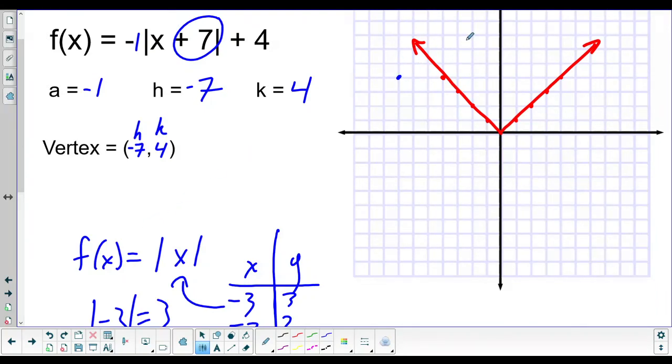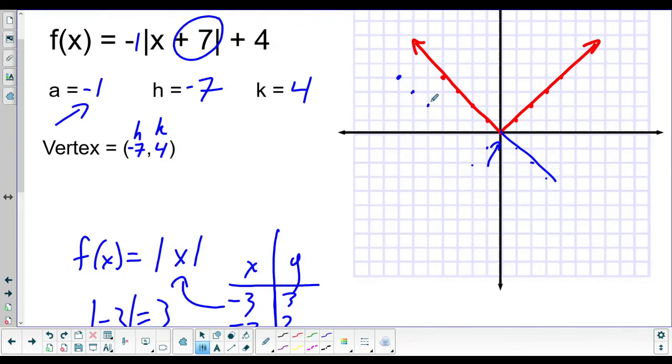So now we could probably guess. This is the vertex, so you could just go up 1, right 1, up 1, right 1, up 1, right 1 to get the rest of these dots, and up 1, left 1, up 1, left 1, up 1, left 1 to get these dots. But this is going to flip it upside down. So instead of going up 1, right 1, it's going to go like this and be an upside down V. So let's just make an upside down V from our vertex.